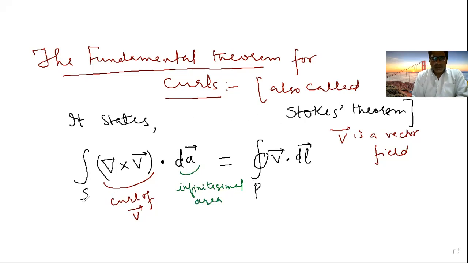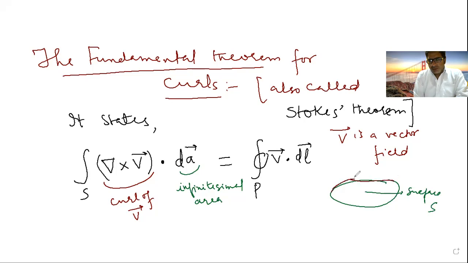S is some surface. P is the perimeter of the surface. For example, if I have some surface S, on that surface there will be some boundary.